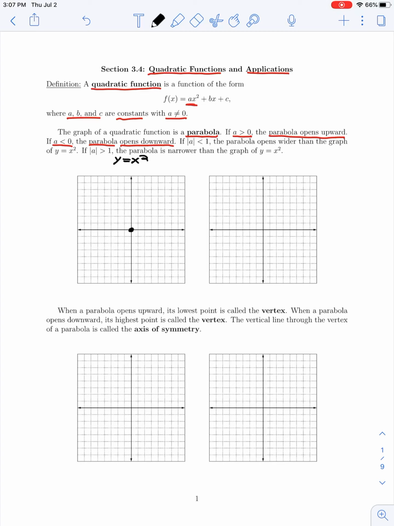When x is equal to positive or negative 1, our corresponding y value would be plus or minus 1 squared, which is positive 1. When x is equal to 2, y is equal to 4. And when x is equal to negative 2, y is also equal to 4. And when x is equal to plus or minus 3, y is equal to 9.